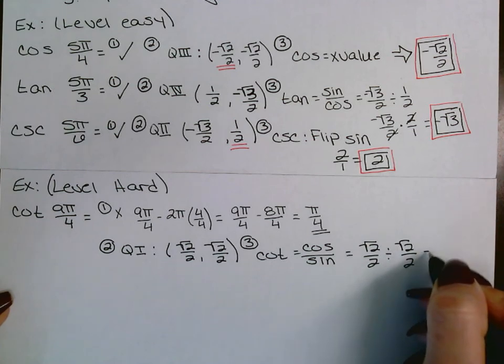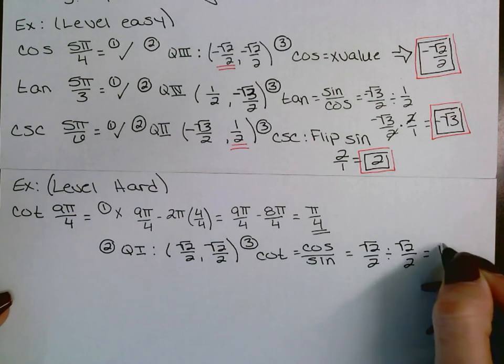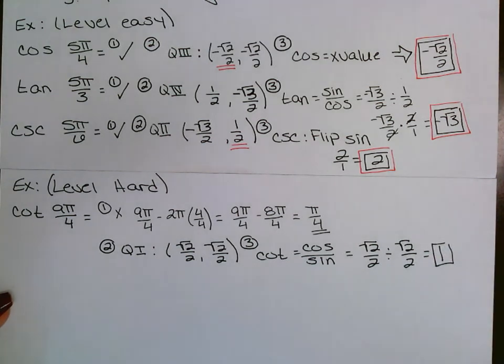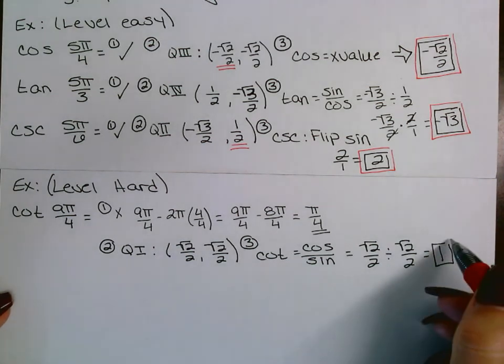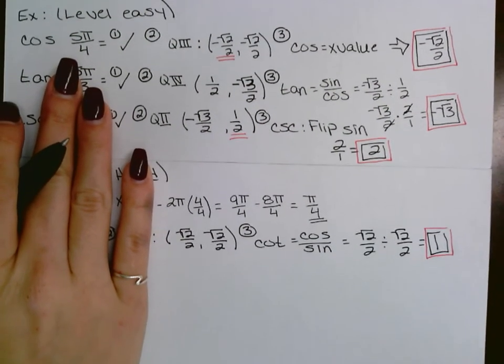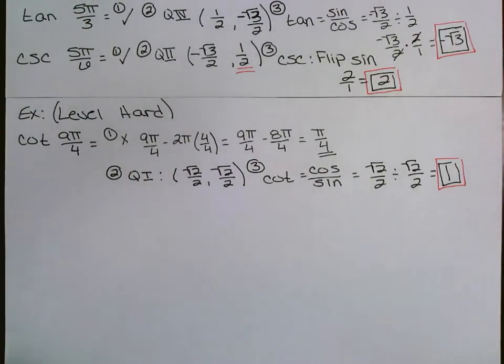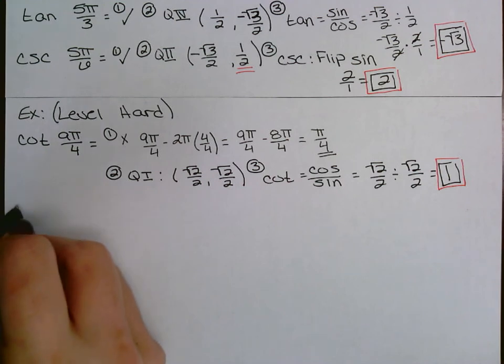What do I get when I divide two identical things with each other? I get 1. Okay. All right, next.